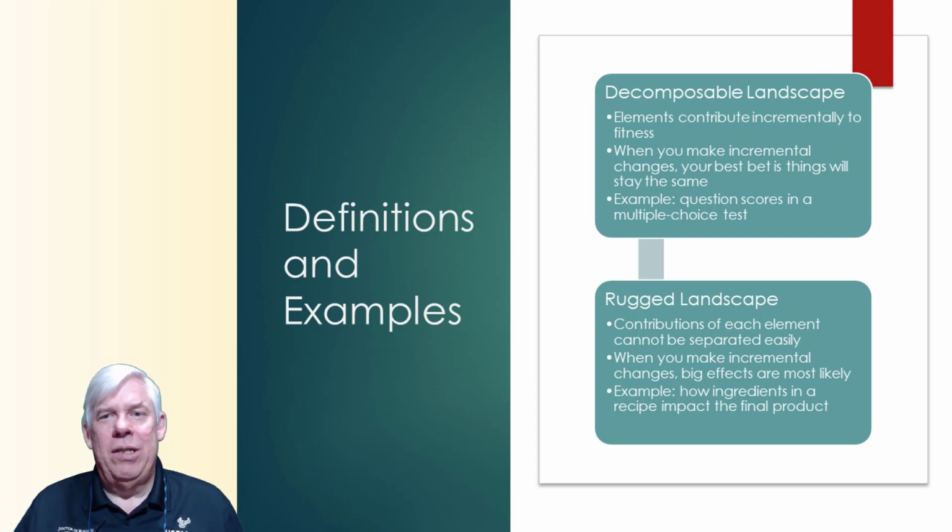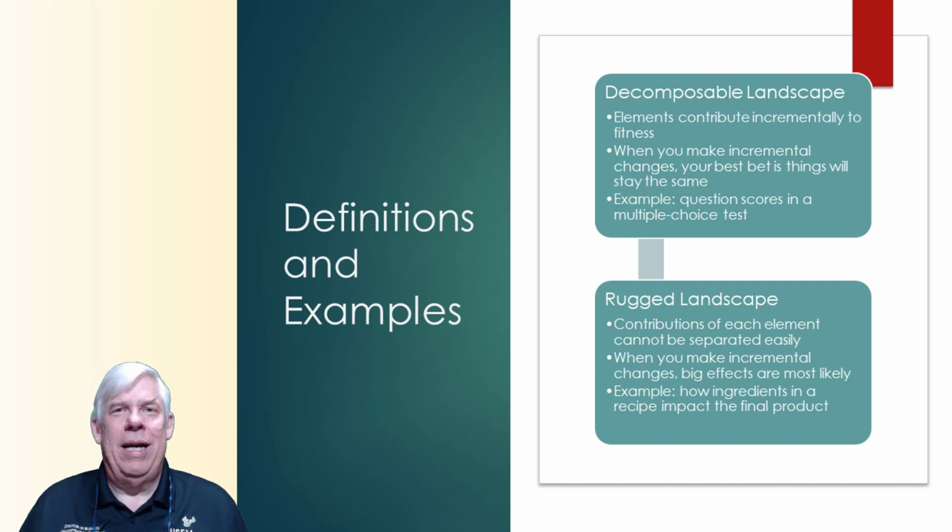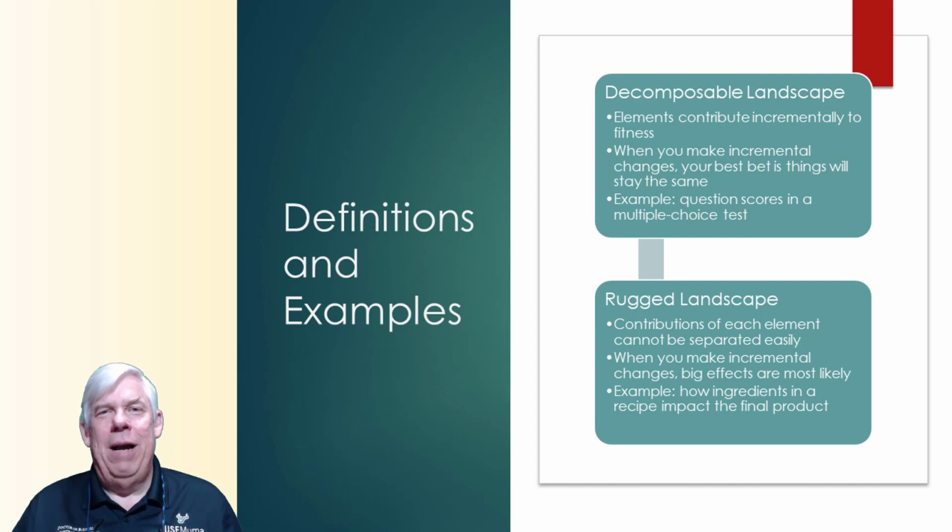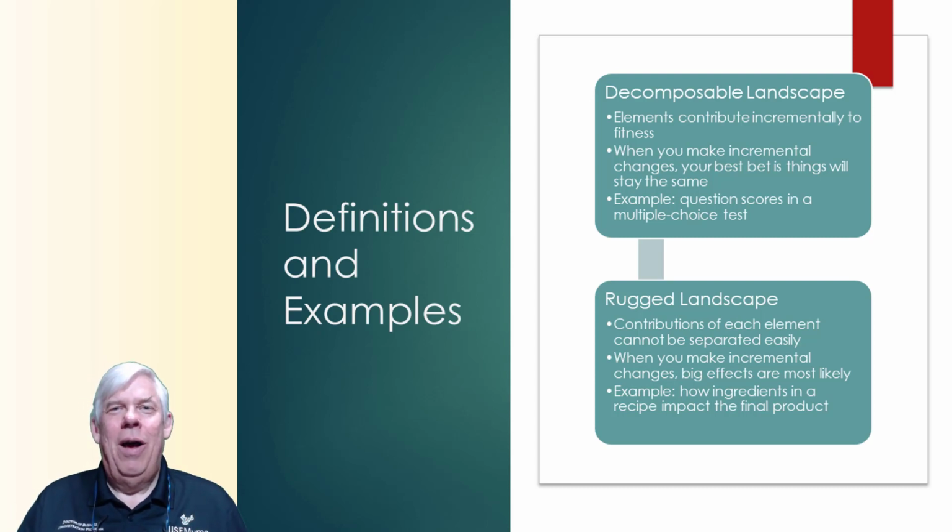Now, in a rugged landscape, the elements interact with each other, and so when you make incremental changes, you can have a totally different level of impact in one context than another. So, for example, if you've got a lamb dish, adding garlic can add significantly to how tasty that dish is, whereas if you're making a flan, chances are adding garlic is not going to help you.